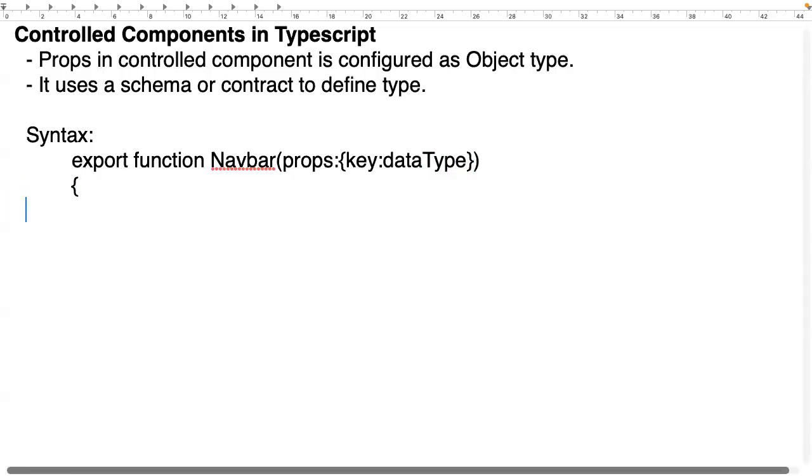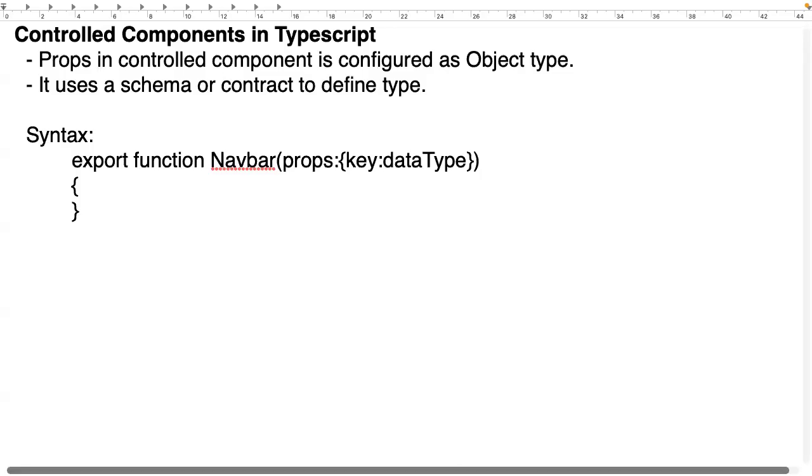You have to define the key and data type. When you are defining this, that's important. How to use properties, there is no need to give an example. Already we learned. Only the change, how to declare them.